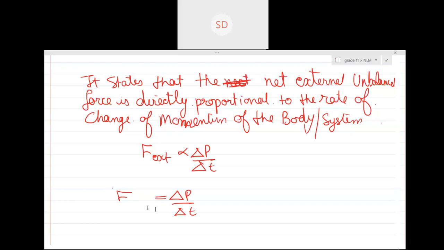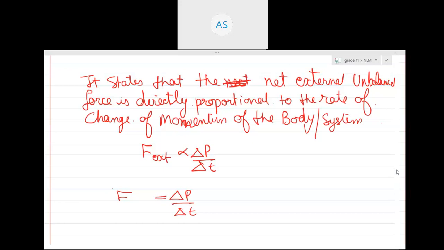Yes or no? So please remember, whenever you talk, I'll give you another example. Suppose you are sitting in a train, or let's say you are sitting in a car, and then you are pushing the car from inside, so that the car will move. Is that possible? Guys, did you understand my question? Can you please put your phone on mute?